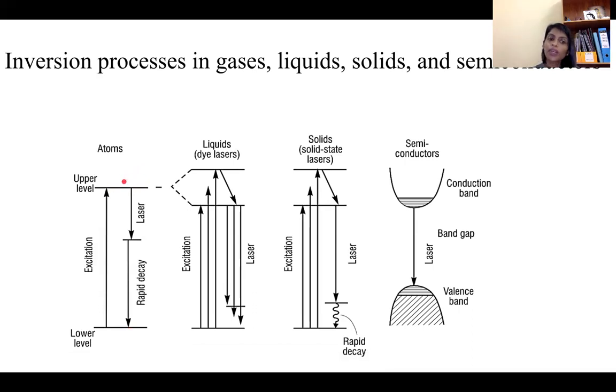Both spontaneously and stimulatedly, these electrons will drop down to another intermediate level and then rapidly decay, most probably losing their energy to the boundary of the optical cavity. Or it can be the way that I initially described.